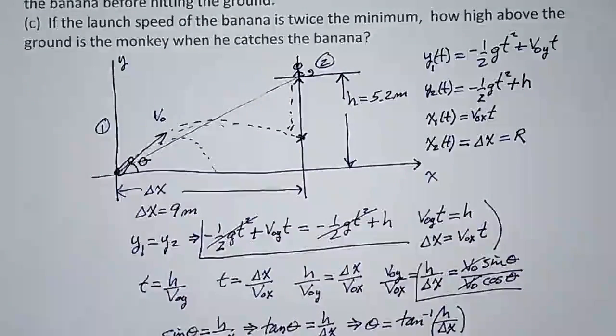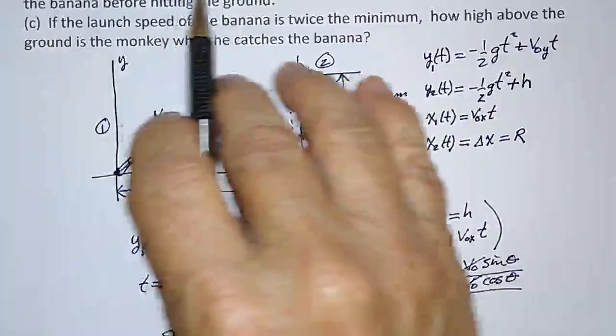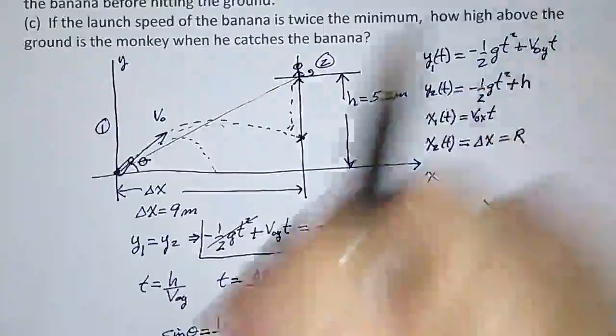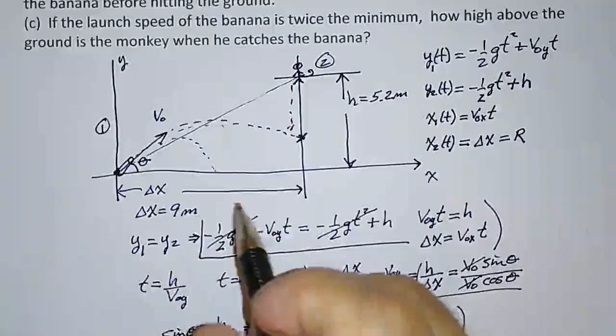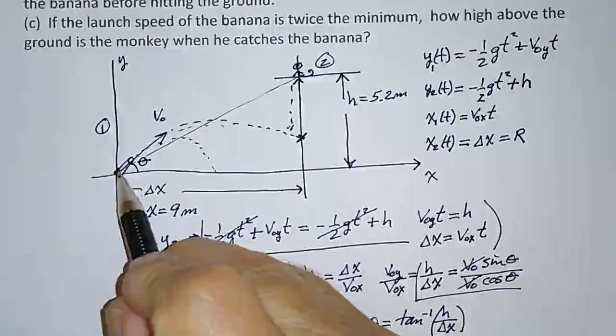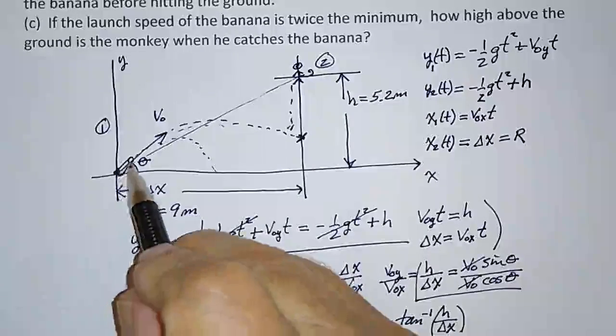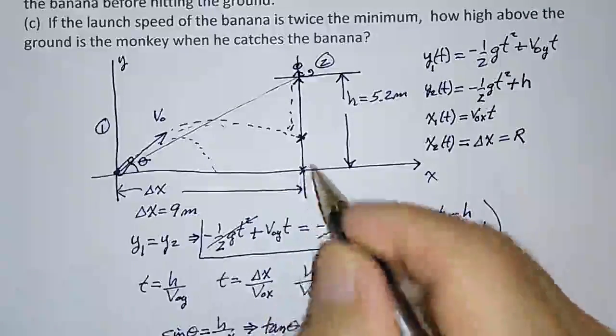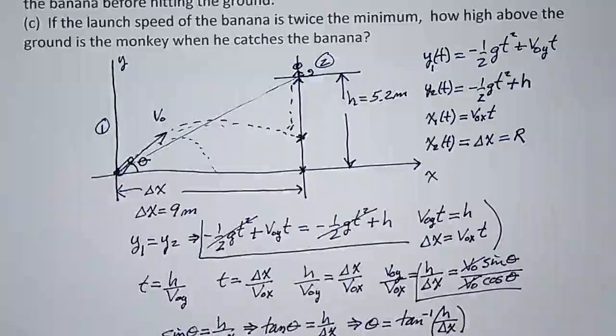It's never going to get to the monkey. So I need to find out what the minimum launch speed is so that the banana can actually get to the monkey. Obviously, if I launch the banana at such a velocity that it gets to the monkey right here, then that represents the minimum velocity that I can use to get to the monkey.